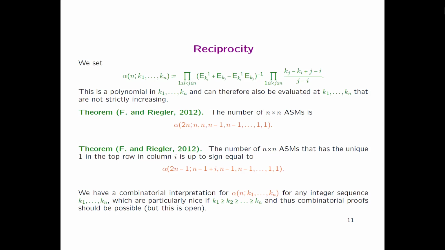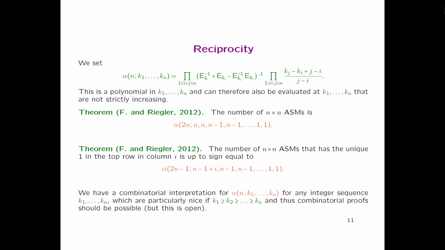Okay, so the evaluation of this polynomial now for a weakly decreasing sequence where you double each number also gives the number of ASMs. And then actually we even have something that corresponds to the refined enumeration of alternating sign matrices. I'm not sure whether the refined enumeration was already explained. So refined enumeration is the following.